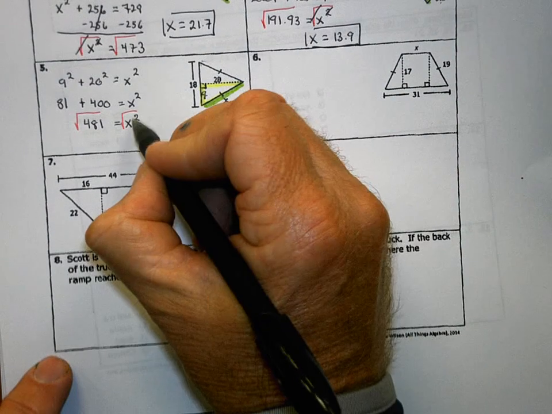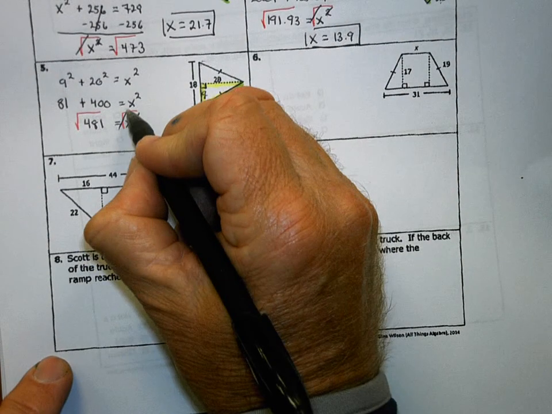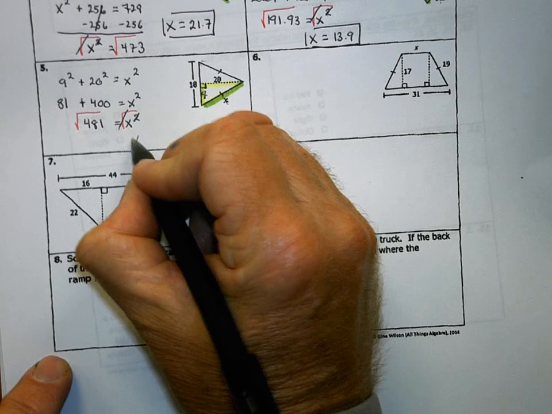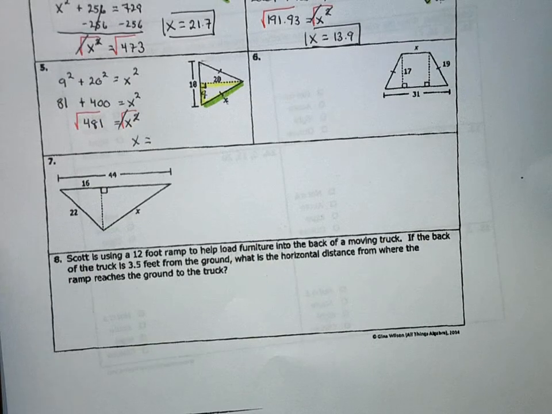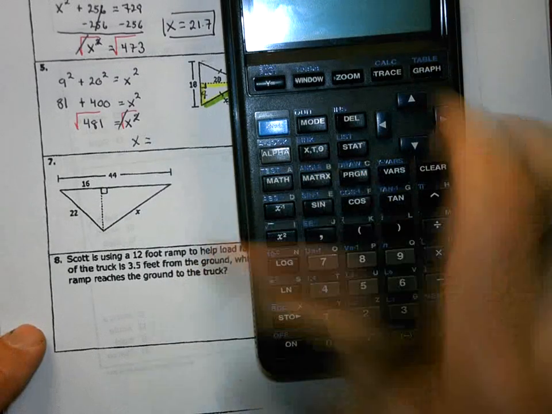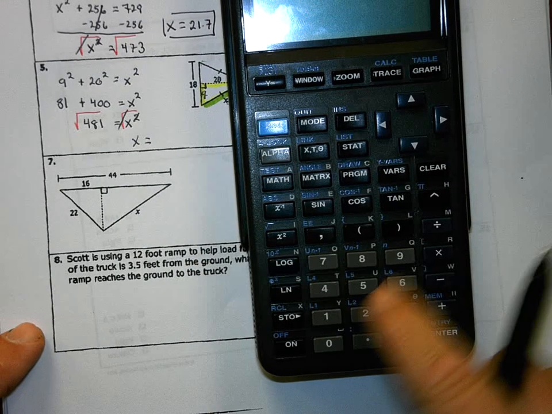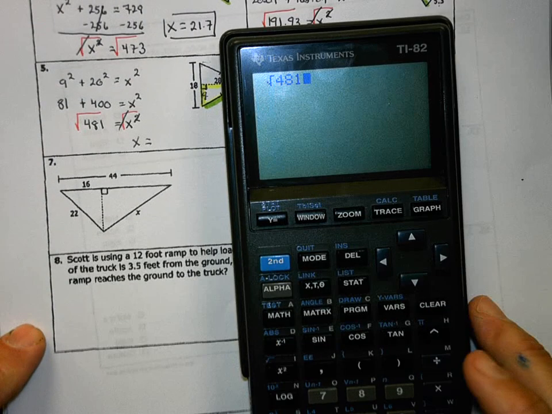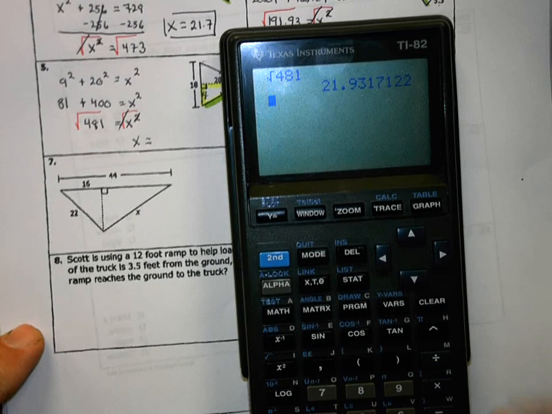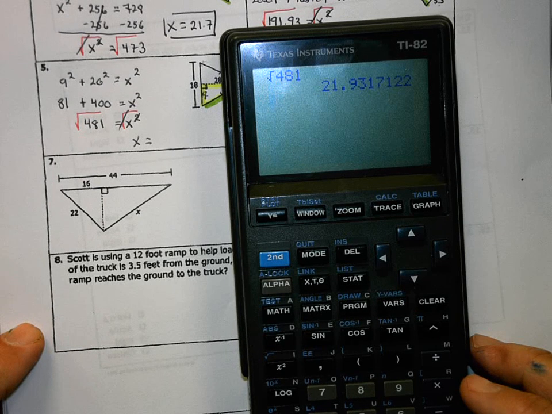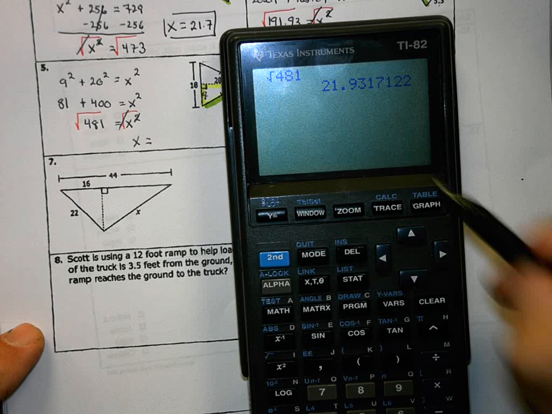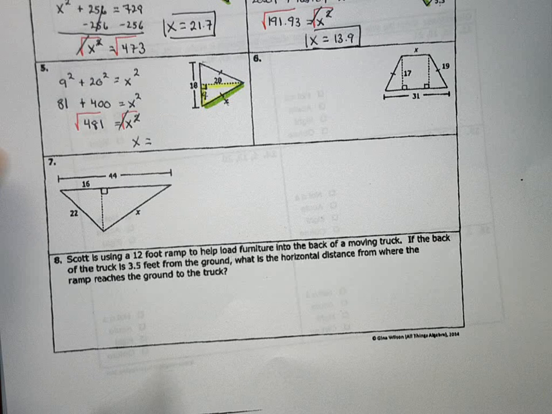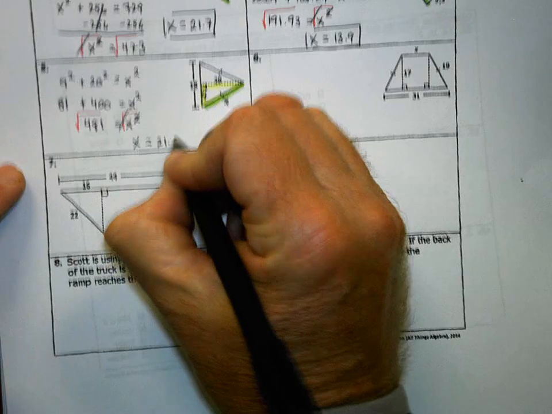Once again, that second power would cancel out the radical symbol, leaving me with just x, so x would be equal to the square root of 481, and that turns out to be 21.93, and rounded to the tenth, that'd be 21.9. So there's your answer to number 5, 21.9.